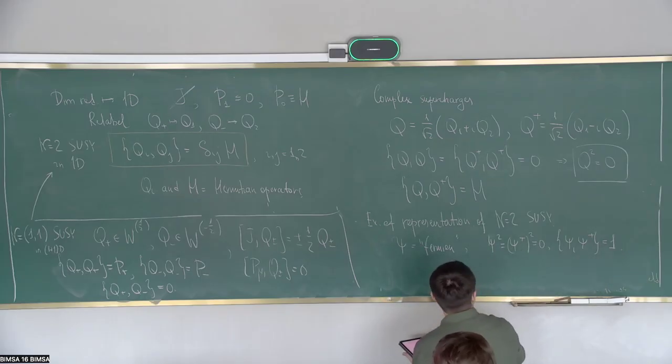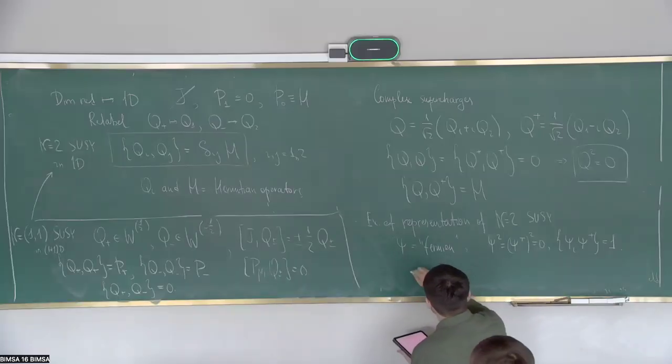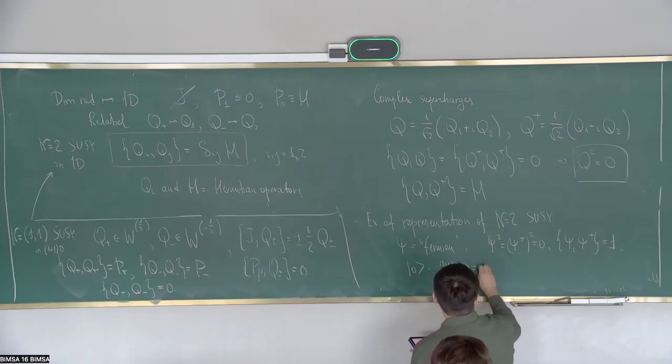And the representation is as follows. We take some vacuum vector, which we characterize by the fact that it is annihilated by ψ.